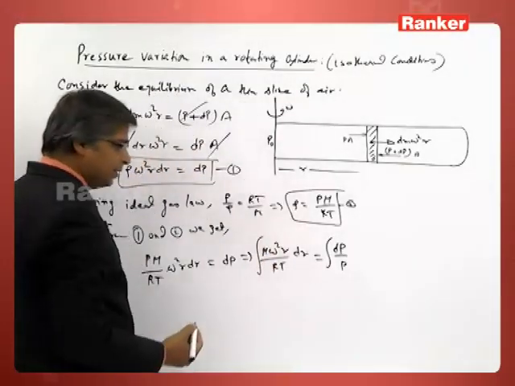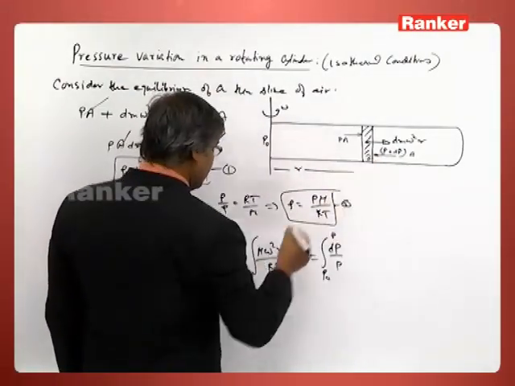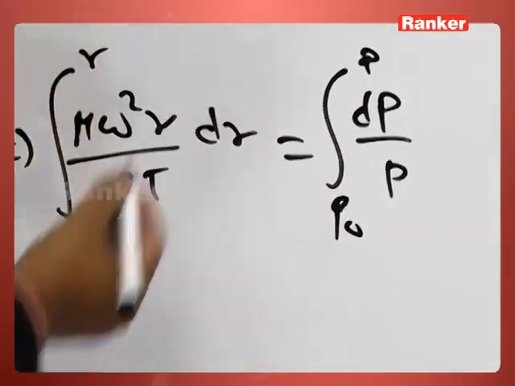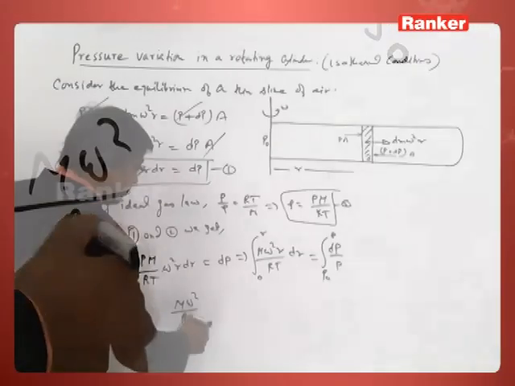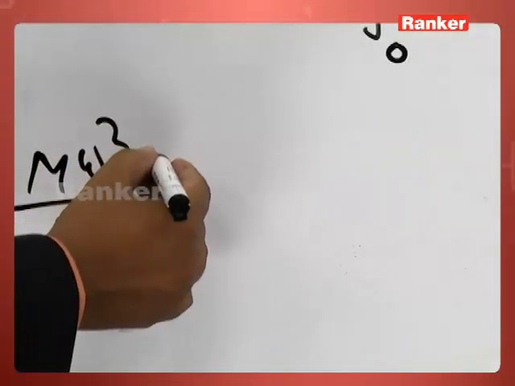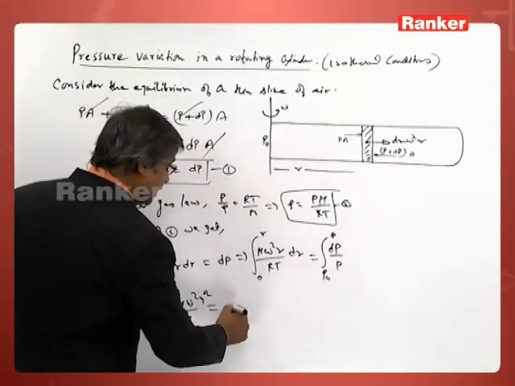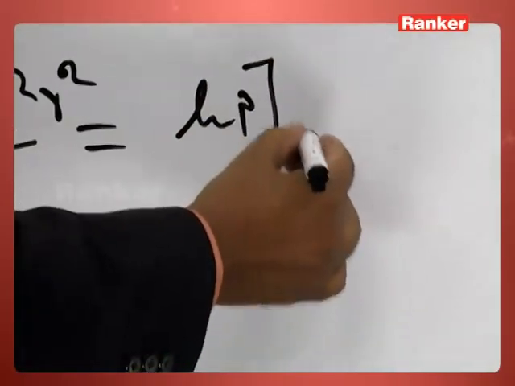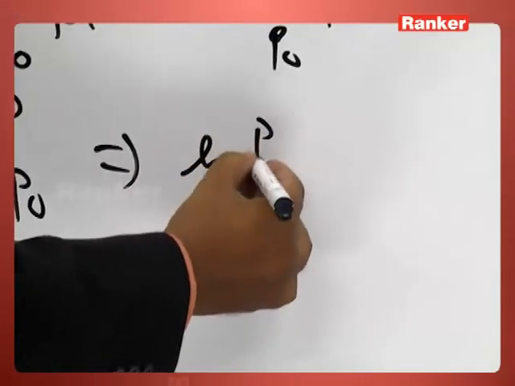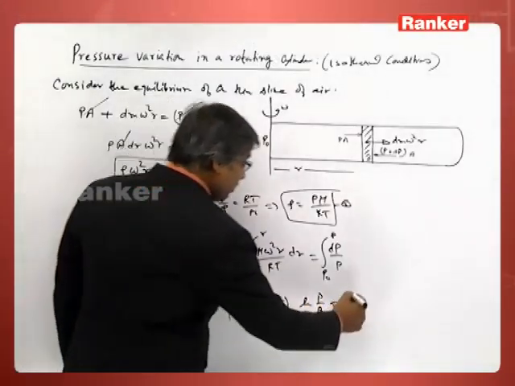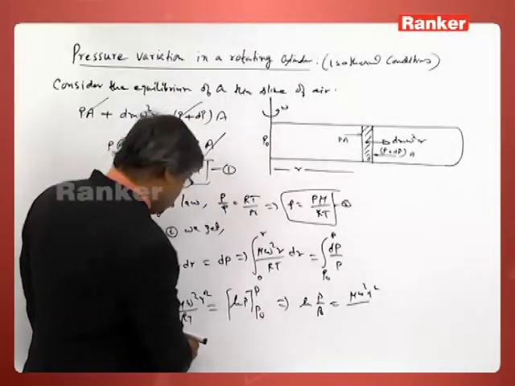So integrating both sides, with pressure P naught on the axis and pressure P at radius r, the radius going from 0 to r. This on integration gives M omega square by RT, r dr means r square by 2, equal to ln P from P naught to P. So again, ln of P by P naught is equal to M omega square r square by 2RT.